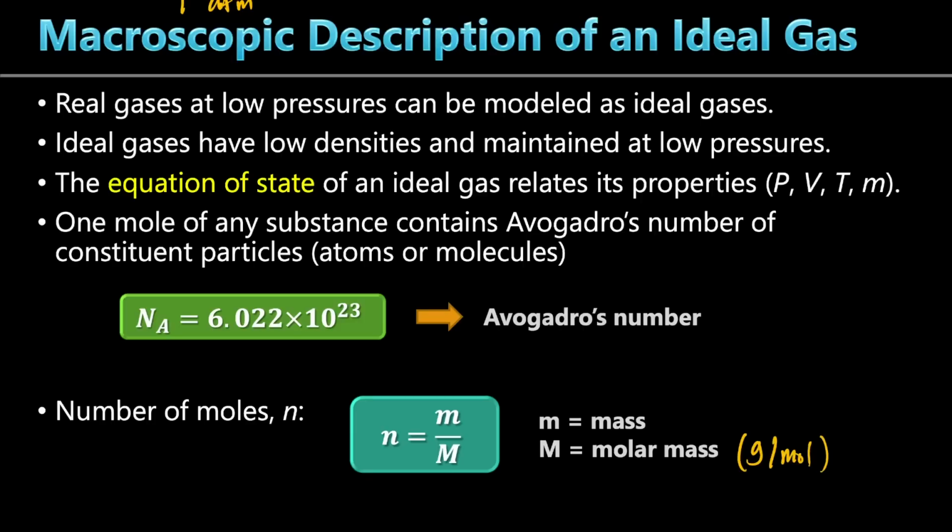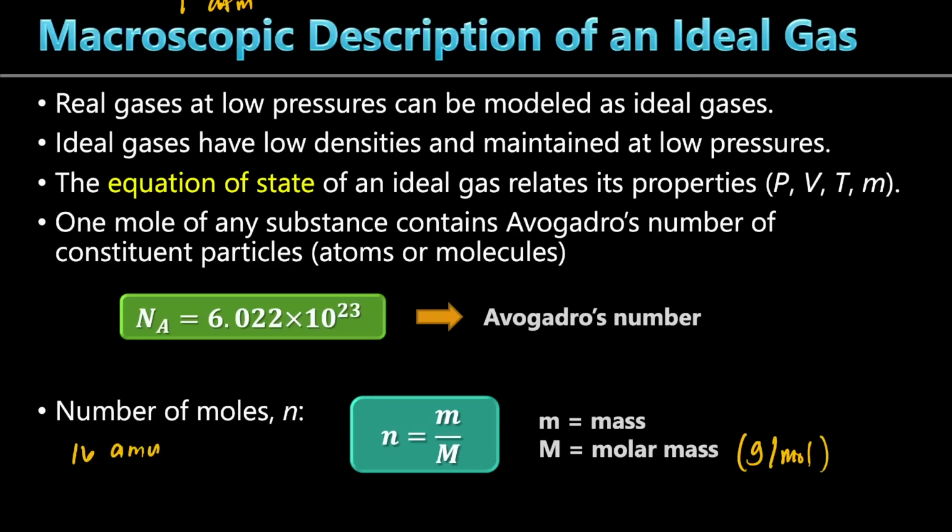Pero minsan, kapag ang tinatanong sa iyo ay atomic mass or molecular mass, ang mass na pinag-uusapan natin ay maliliit. At dahil yun ay nasa atomic or molecular level, kasi atomic mass or molecular mass, ang unit na ginagamit ay AMU. For example, what is the atomic mass of oxygen? The atomic mass of oxygen is 16 AMU.